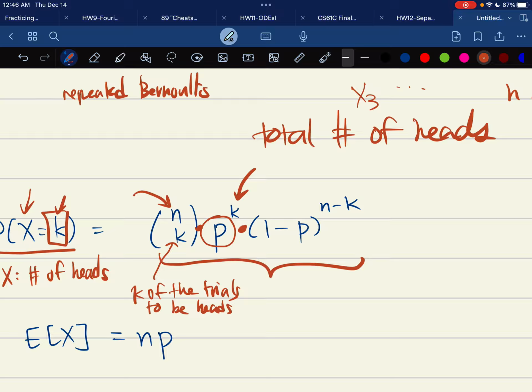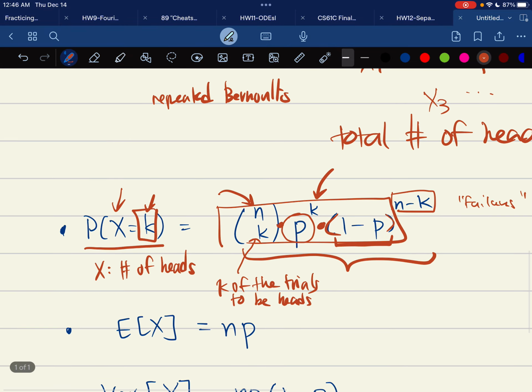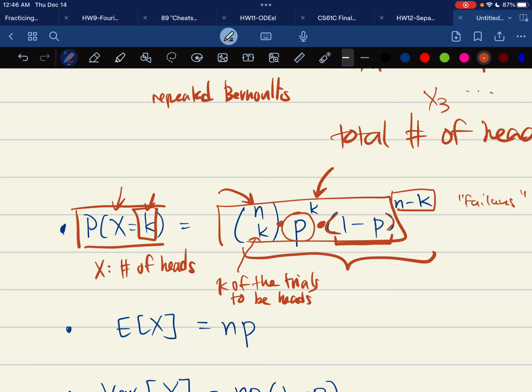These really didn't happen with probability 1. They happened with probability 1 minus p, right? And there's n minus k failures, just non-heads. So that's why we have to raise this 1 minus p to the n minus k power. We multiply all of this out, and this gives us a kind of long expression for calculating the probability of x being exactly some number.